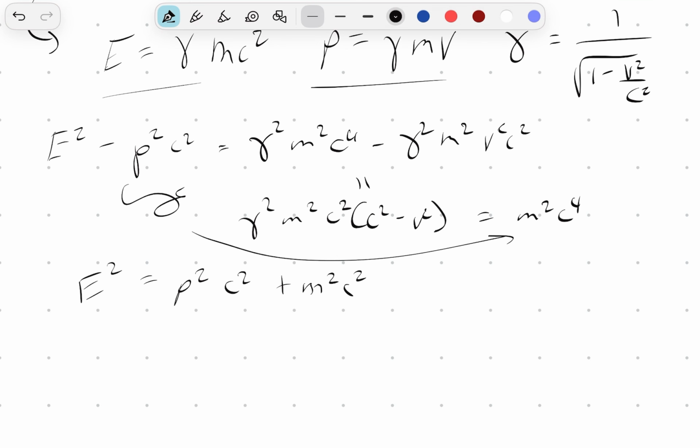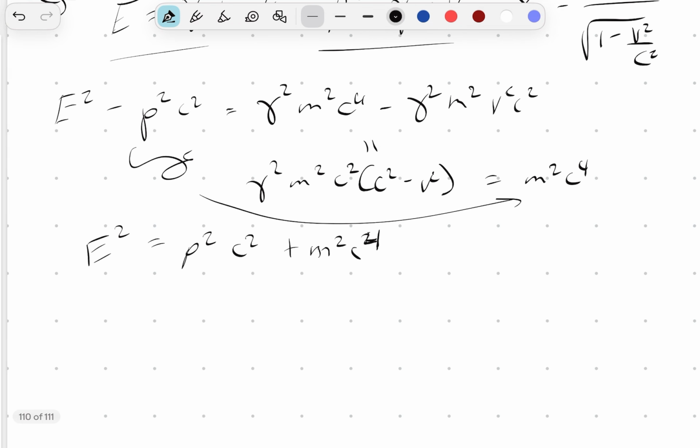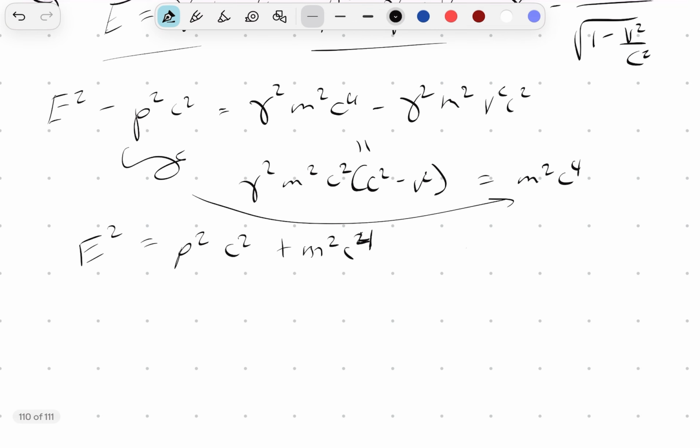All right. It's independent of the observer's velocity, but we still have that momentum quantity.